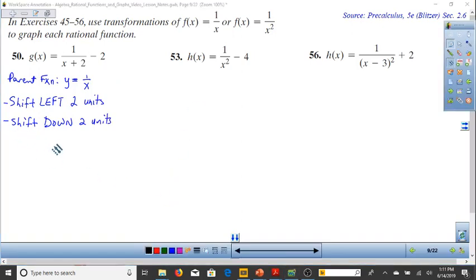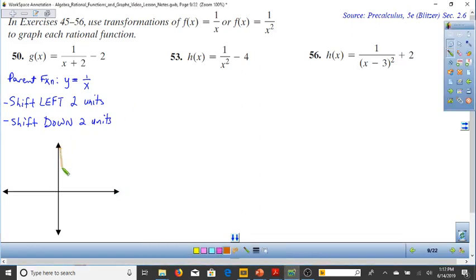So what we will then do is draw our graph. I'm going to draw a rough sketch of the original function, so we can see what it looks like. And then I'm going to shift this graph to the left 2 units and down 2 units.